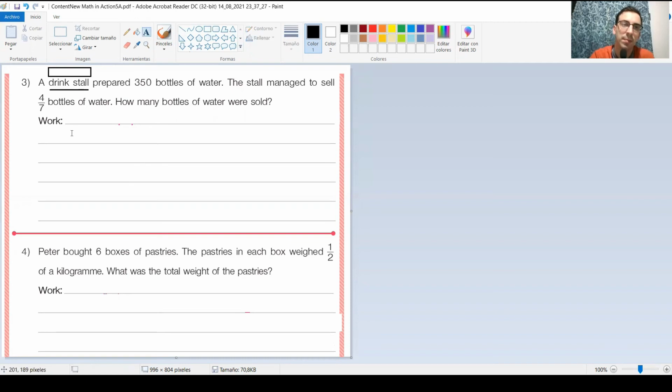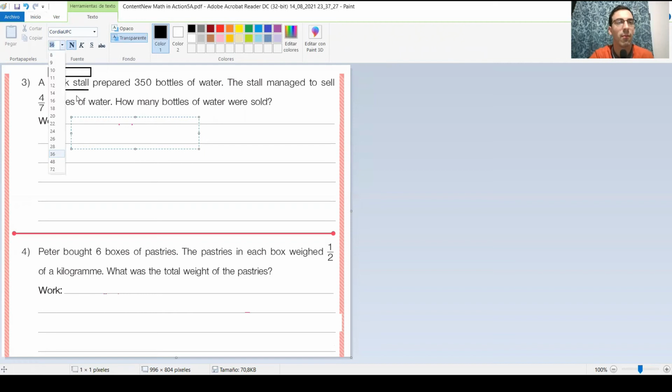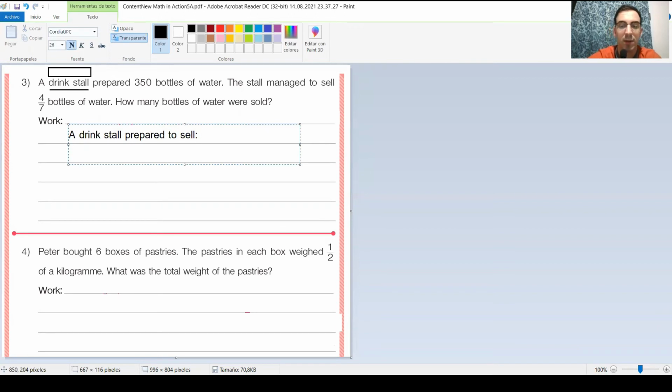So let's develop the problem. Okay, so a drink stall prepared to sell... how many bottles? Bottles.